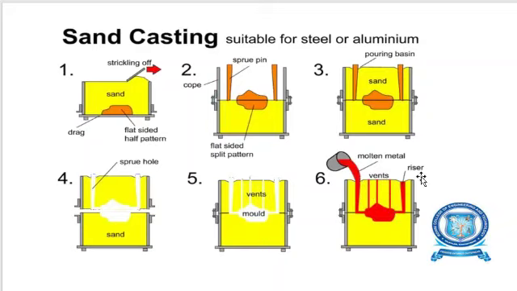After filling the molten metal into the mold cavity, the metal is given some time for solidifying. After solidifying, the casting is removed from the mold and the surface is cleaned, and then adapted for testing and use in applications.